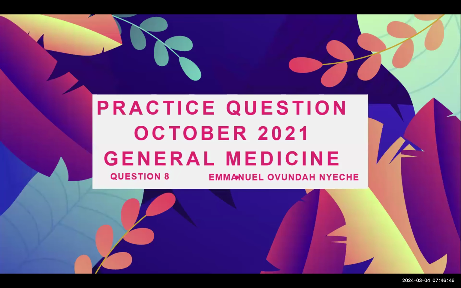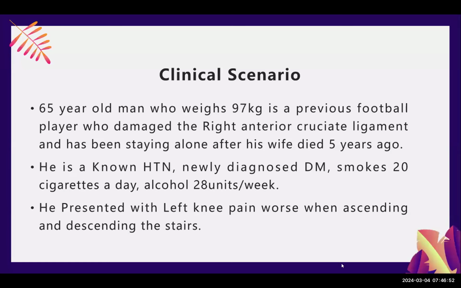I'll be taking the practice question October 2021, General Medicine, question 8. This is the question. A 65-year-old man, weighs 90 kg, damaged his right anterior cruciate ligament and has been staying alone after his wife died 5 years ago. Pertinent information: he's a known hypertensive, newly diagnosed diabetic, smokes 20 sticks of cigarettes a day, and takes alcohol, 28 units per week.